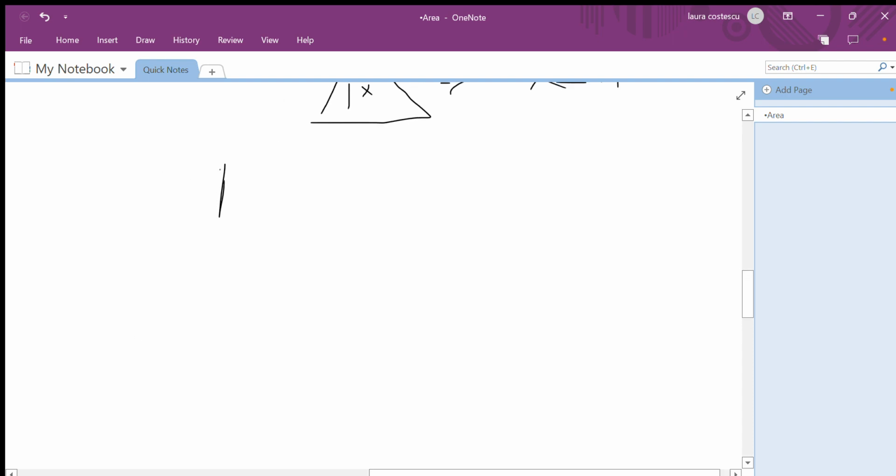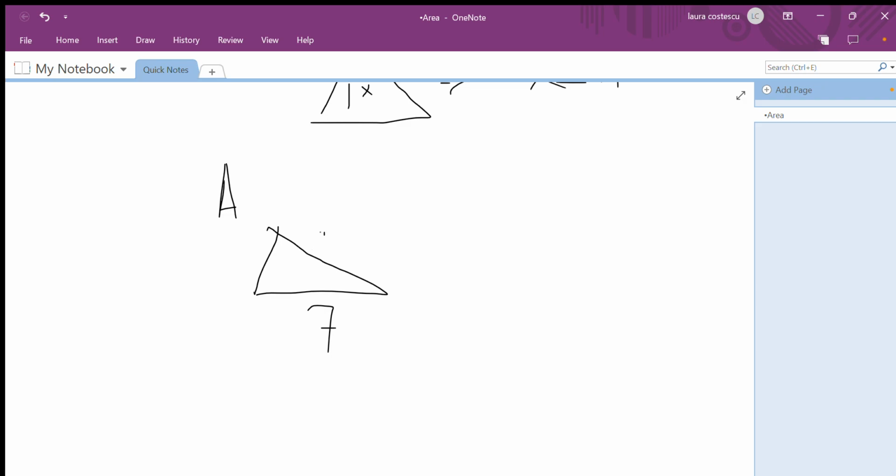So let's try this. Area of this very complicated triangle. This base, let's say, equals 7, and this 5, and this 3. And the height, of course, is very important to know, is 4.